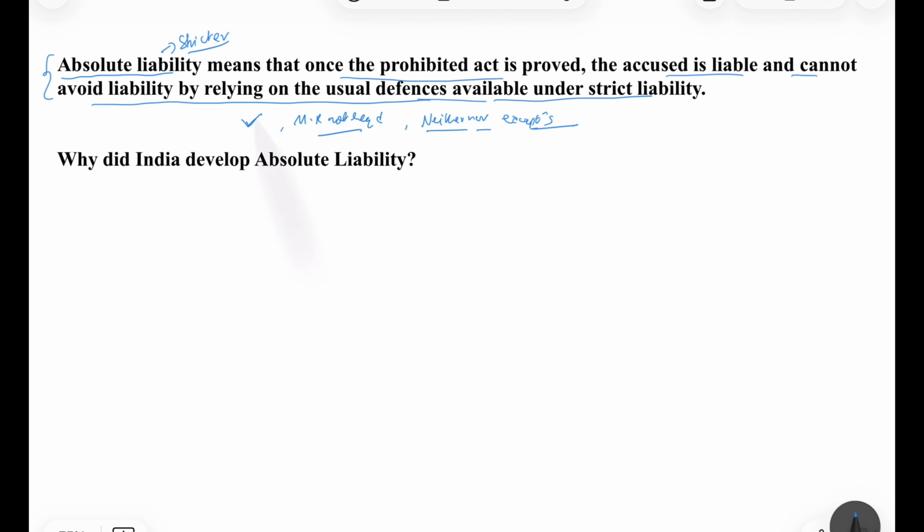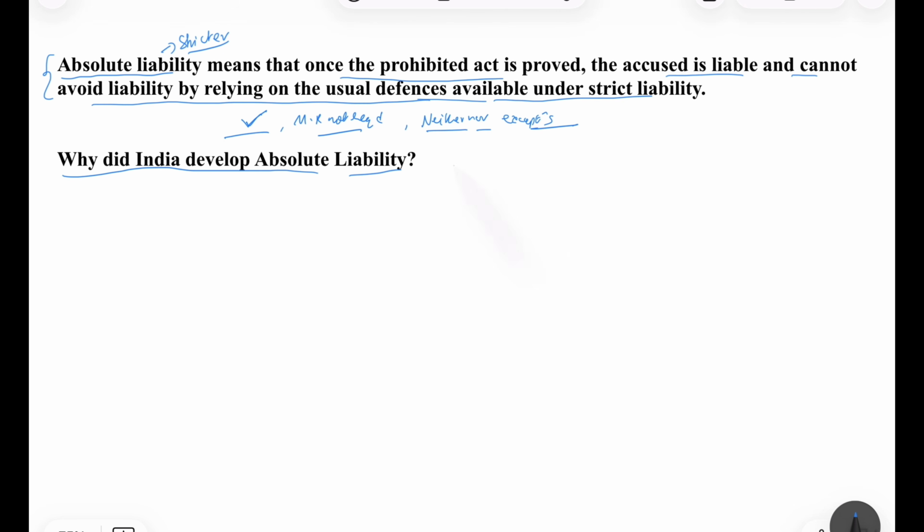That's why this is the most stringent. So if it is stricter, why did India develop absolute liability? There is a simple reason: strict liability was considered inadequate for industries carrying out inherently dangerous activities.